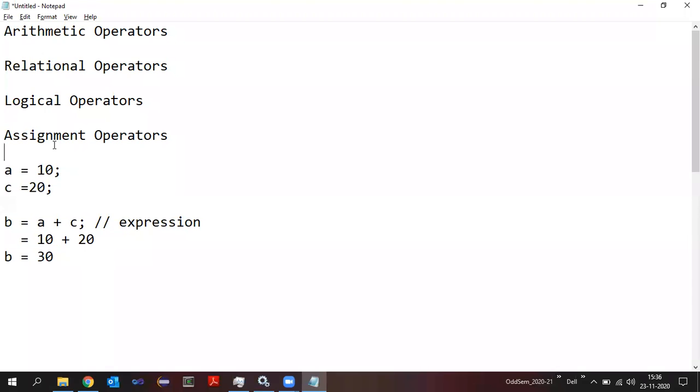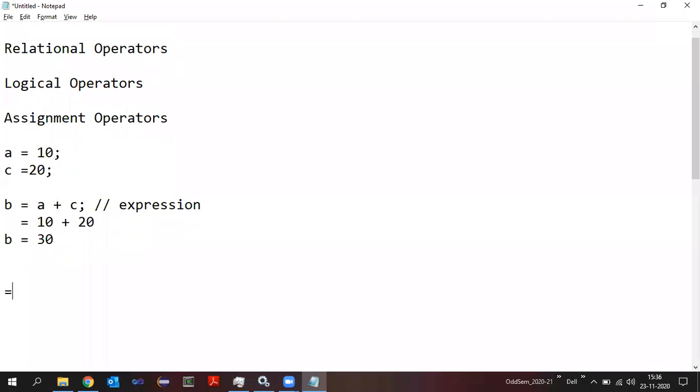You need to be very cautious, students, about when to use a single equals and when to use a double equals. This is the single equals sign, and this is the double equals sign. Now who can tell where we use this double equals sign?